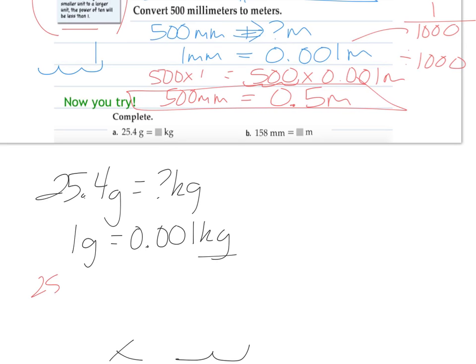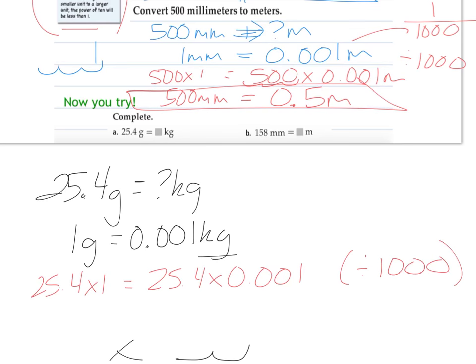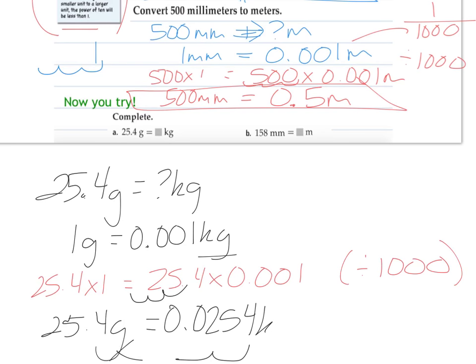So then I'm doing 25.4 times 1 and 25.4 times 1,000th, which again is like dividing by 1,000, 3 places to the left. So I get 25 4/10 grams is equal to 254 10,000ths kilogram. Bigger unit, you need less of them, remember.